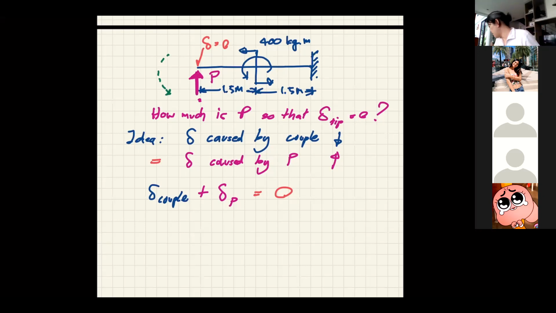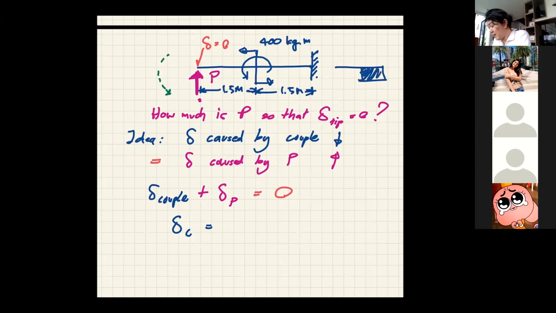Let me give you the number, but I will not show you the calculation yet because I want you to get the concept first. So if I use the moment area method, I can calculate the displacement by a couple. The bending moment diagram looks like this.